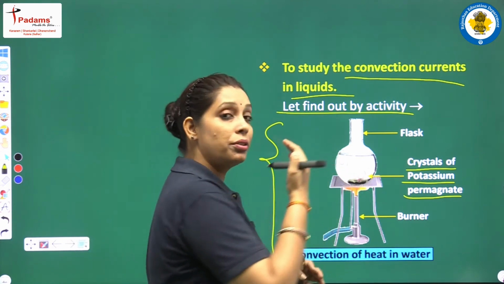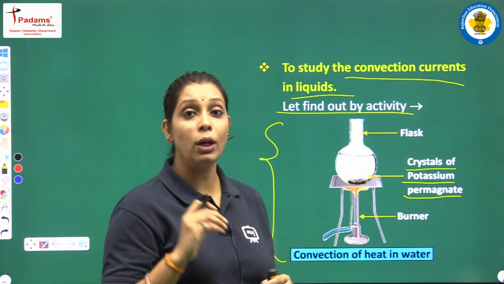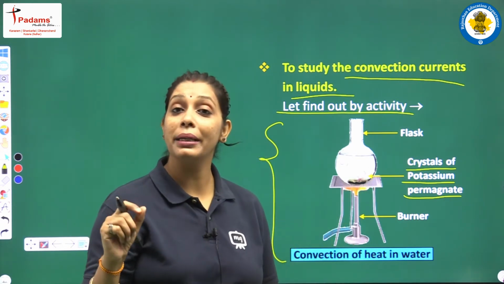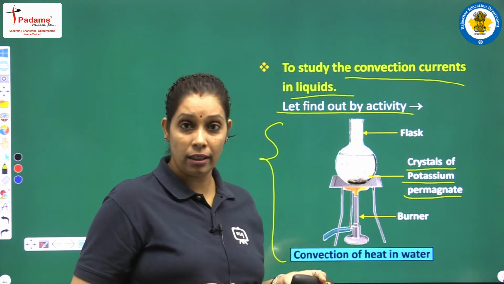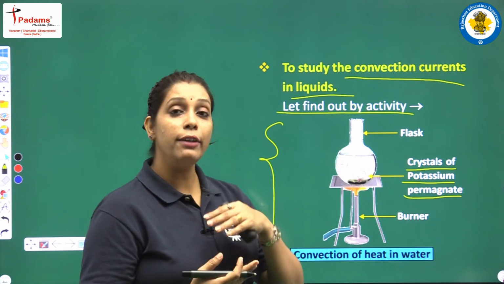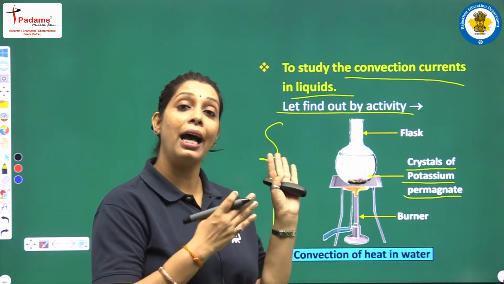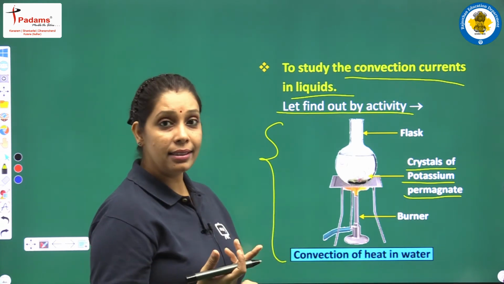And as the water heats, ठीक है, जैसे ही वाटर हीट होना स्टार्ट होगा उस एरिया में जहाँ पे पोटेशियम परमैंगनेट के क्रिस्टल्स हैं, वहाँ से वाटर मूव करना स्टार्ट करेगा. And we know move कहाँ से कहाँ होता है, from the place of having the higher temperature to the lower one. Okay, we already had discussed this thing.